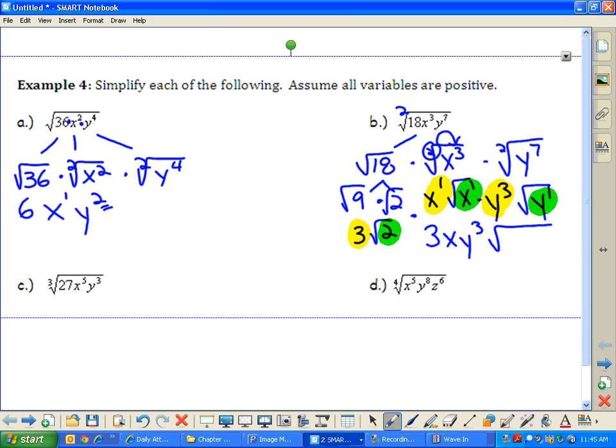And then underneath the radical, we write everything that's in green. So that'll be 2xy. And that is my answer. That's what the answer looks like. So you're going to have a radical part and then a non-radical part.